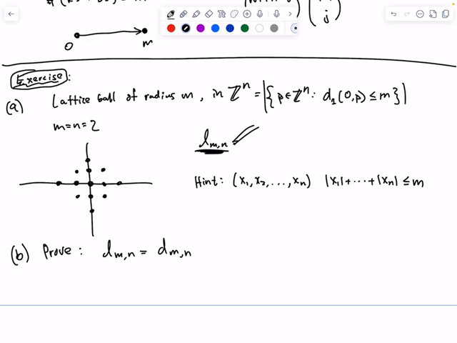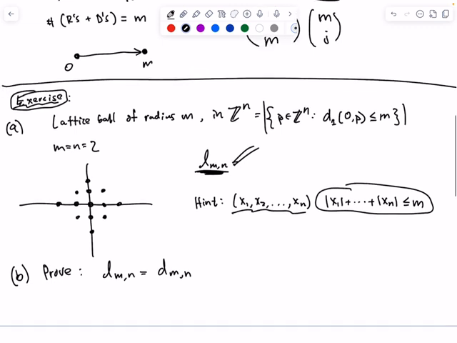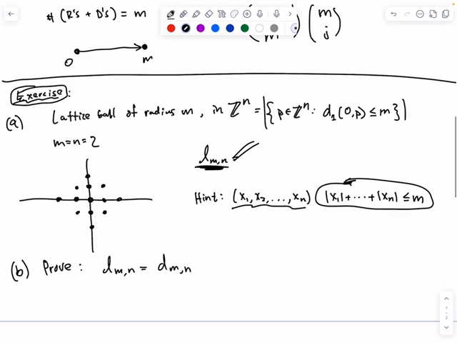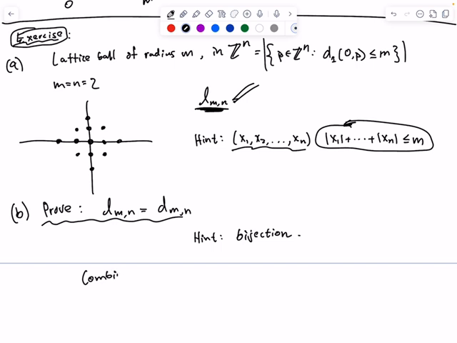See if you can solve for the number of solutions for this vector x. To try and count those solutions, see if you can do a similar partitioning to what we did with the Delannoy paths. Once you've come up with that formula, I think this isn't really a hint, this is pretty obvious for how to prove this fact, but you're going to need to come up with a bijection. If you get stuck, you can always look at the book Combinatorial Mathematics by Doug West.